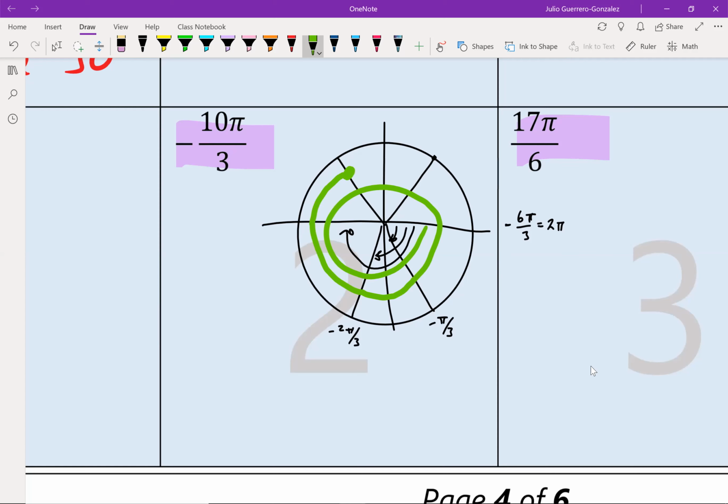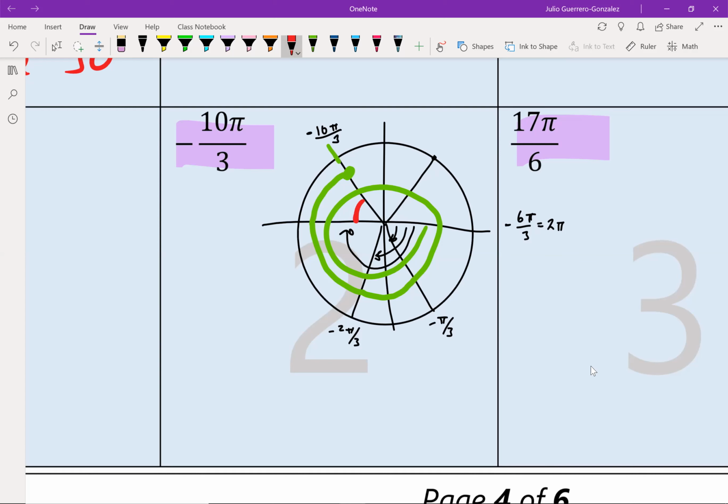So this angle right here is my negative 10 pi over 3.